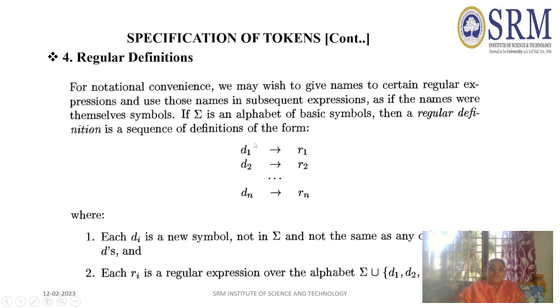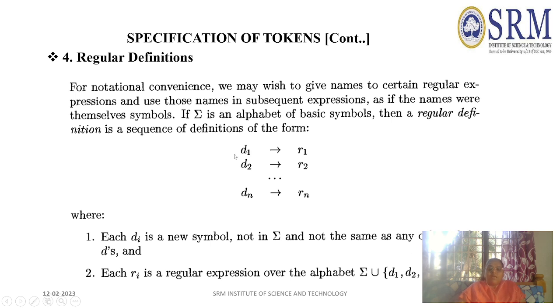So D1 is a regular definition of a particular expression. D1, D2, many definitions can be given like this for a number of regular expressions, where Di is a new symbol. So D1, D2, and so on up to DN you can have. That is a new symbol, not in the set of alphabets and not the same as any other of the Ds.